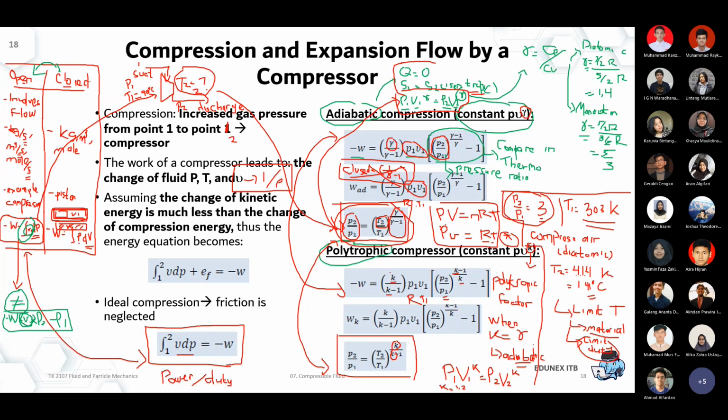So what do you think the duty is if the compressor duty is expressed in this formula? Will it be in watt? Will it be in joule per kilogram? Or will it be in meters as in head?